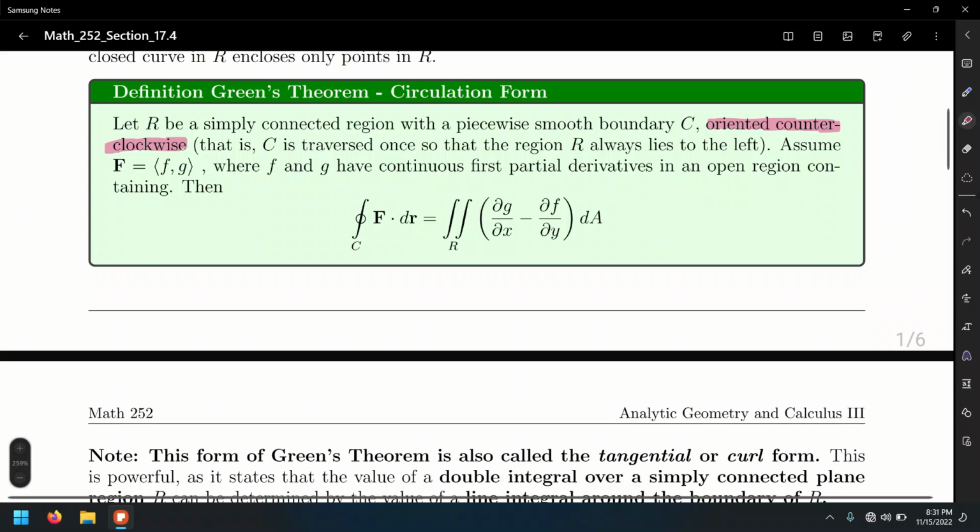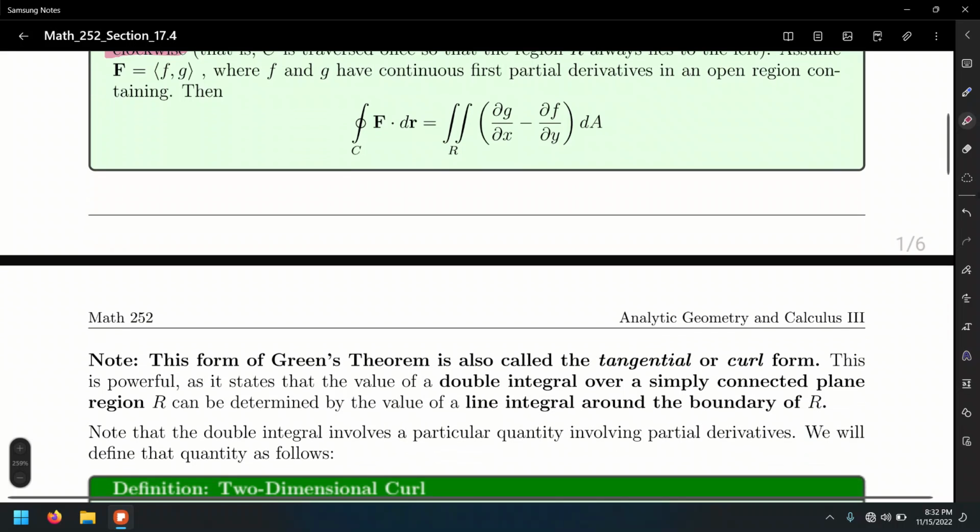And assume big F, which is (f, g), you know, that's the vector field, where f and g have continuous first partial derivatives. Well, so instead of parameterizing, instead of finding the potential function, we are going to take partial derivatives of the components, find the difference between them, and evaluate the double integral, which is going to be a lot shorter, right?